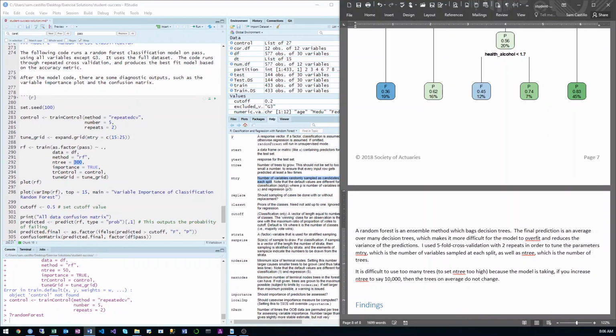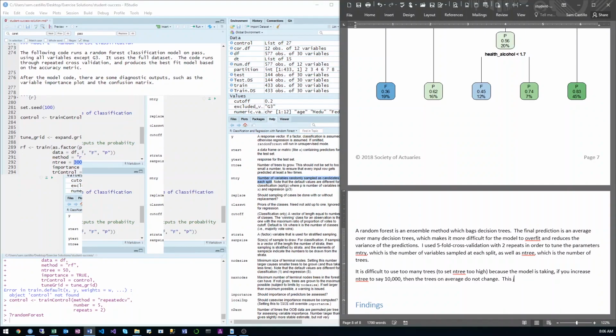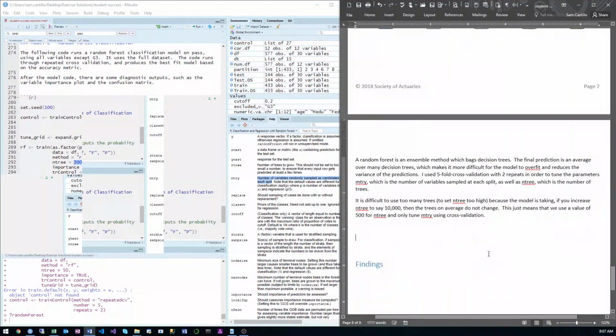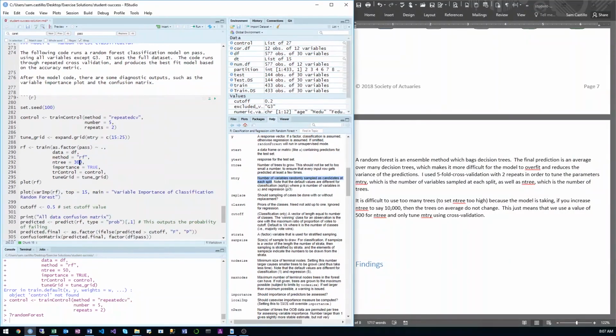Each tree still has the same height approximately, and it's still using the same number of variables. And so you just take an average of like 10,000 trees, and it's still an okay estimate, which means that when you tune, we use a value of 500 for ntree and only tune mtry using cross-validation.